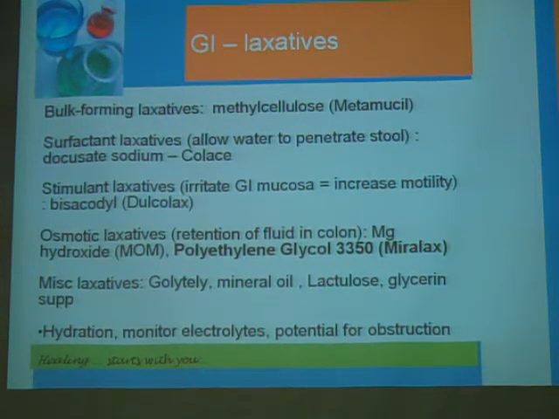It's not the best, because I was told that it actually gives them cramps sometimes. I'm not sure where your patient might be, but when you work with the patient, try the natural processes first: food, fruit, water, fiber. Then you can go down this list, and then you could go to the milk of magnesia as well.